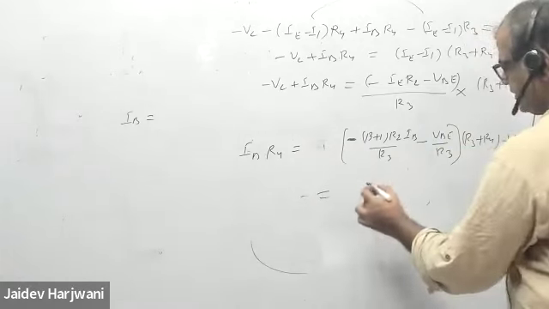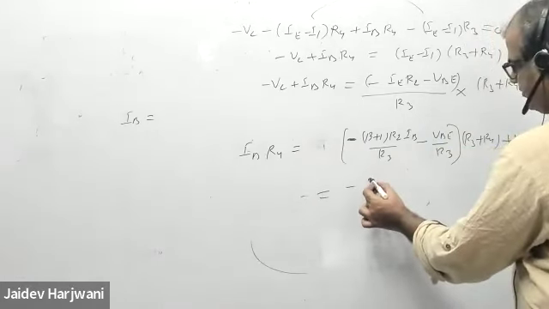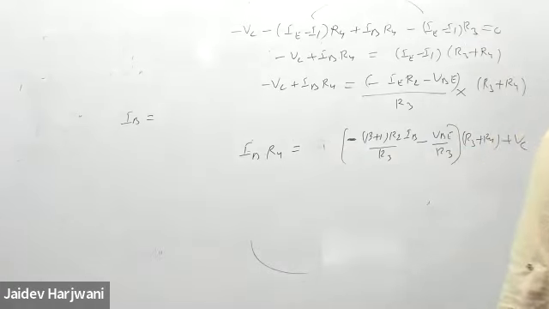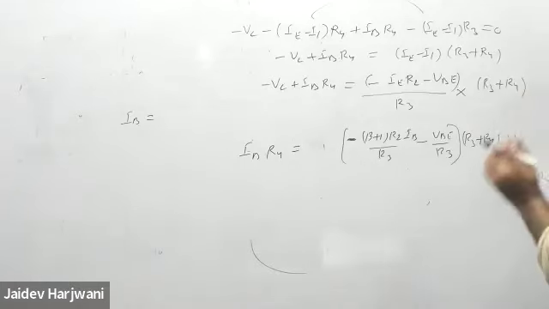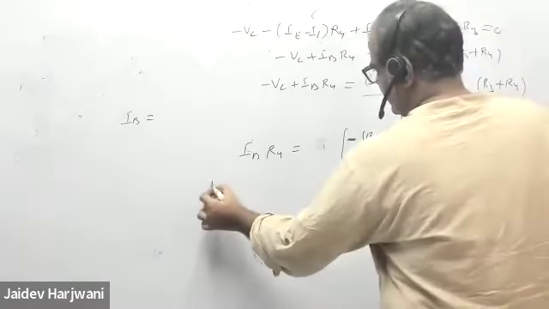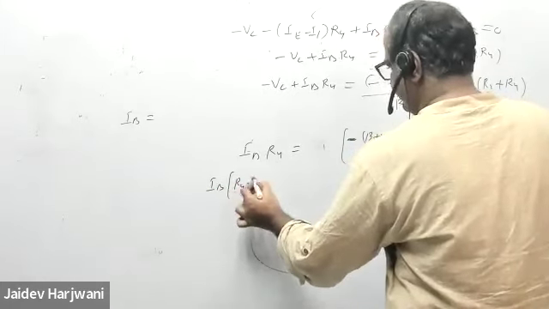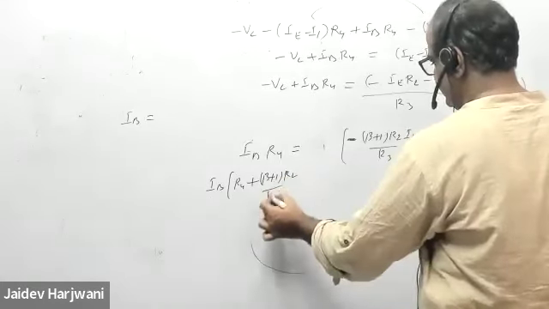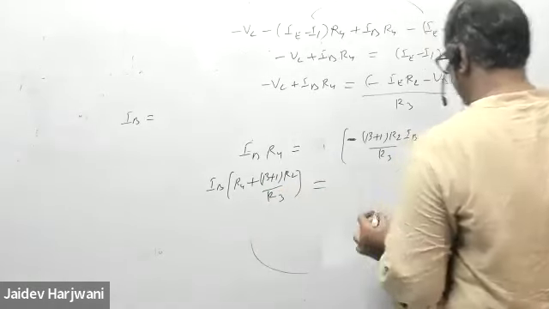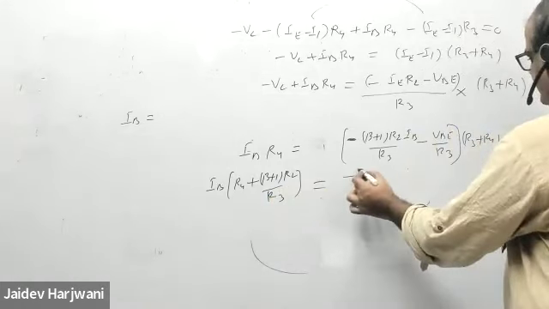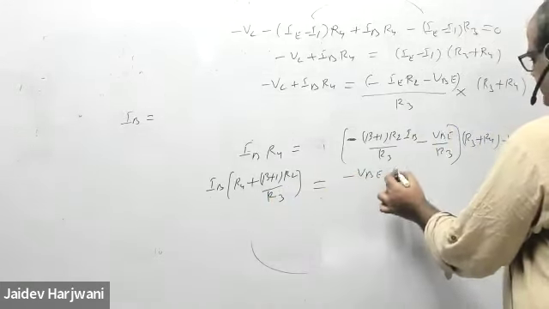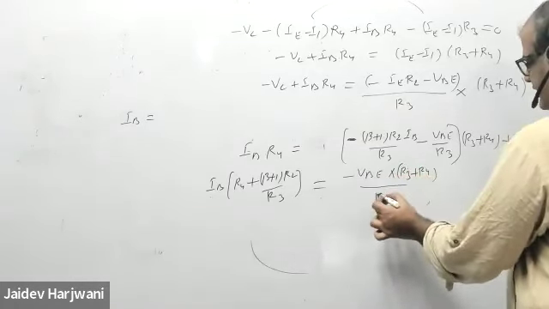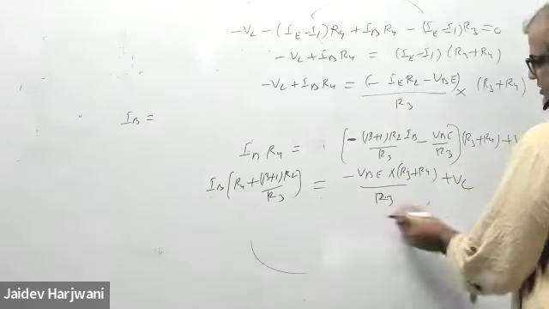So this will give me what? I want IB. IB part should go there. So this will become now IB R4 plus beta plus 1 R2 upon R3 equals to minus VB, okay, R3 plus R4 upon R3 plus VC, almost same is coming.